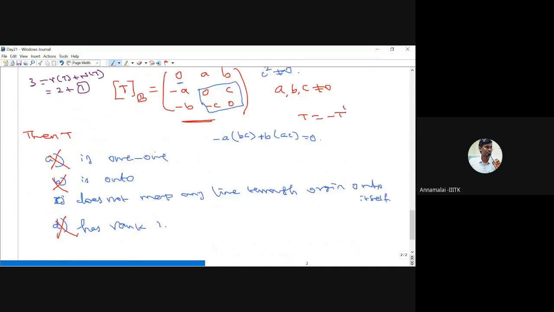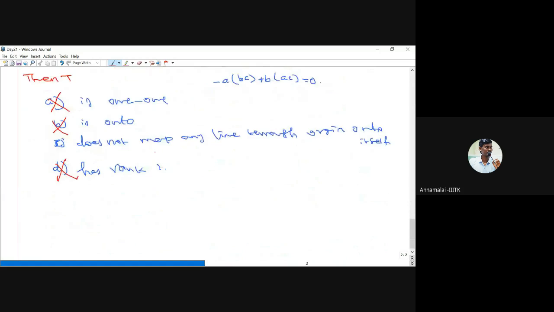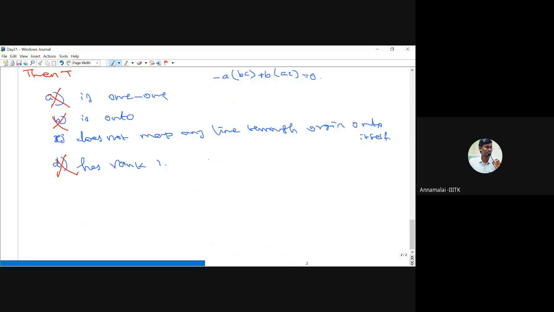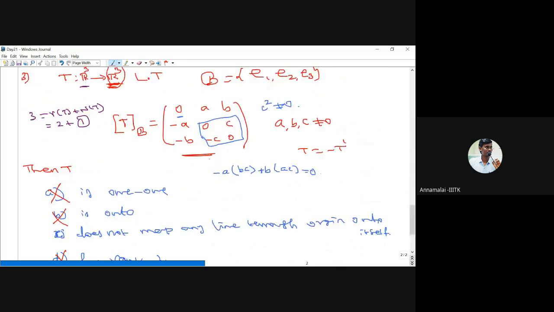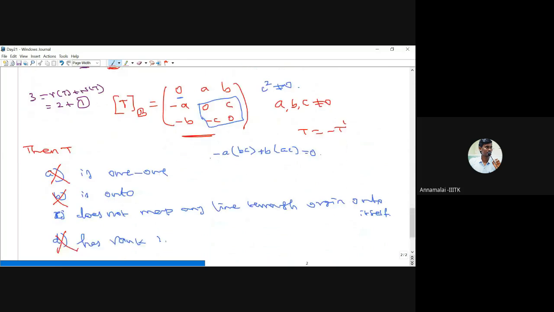Now, look at the third option. What is the meaning? If you take any line passing through the origin, it does not map onto itself. So, if you take a line equation passing through the origin and apply this map, it is again not mapped to itself.